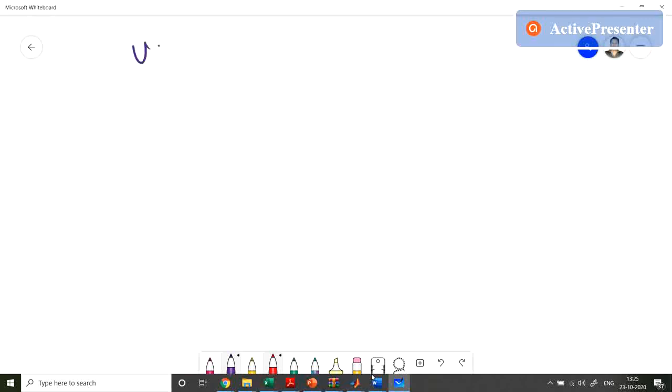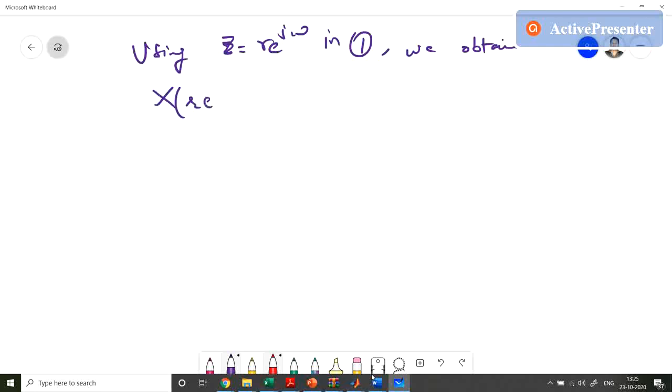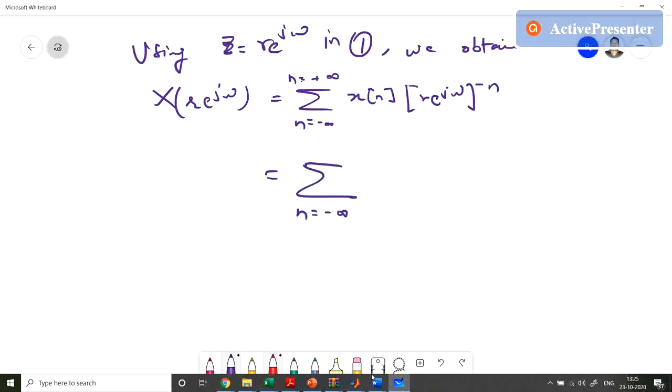Using z equals r e raised to the power j omega in equation 1, we obtain X(r e^{j omega}) equals the summation from n equals minus infinity to plus infinity of x[n] (r e^{j omega}) raised to the power minus n. Just putting in the value of z, it becomes the summation of x[n] r raised to the power minus n e raised to the power minus j omega n.